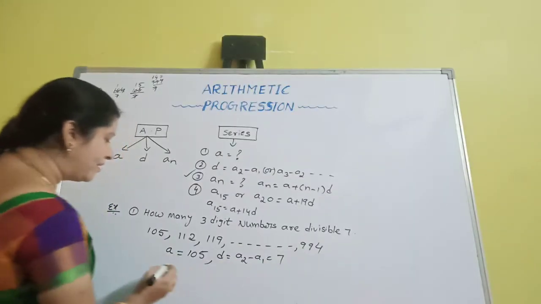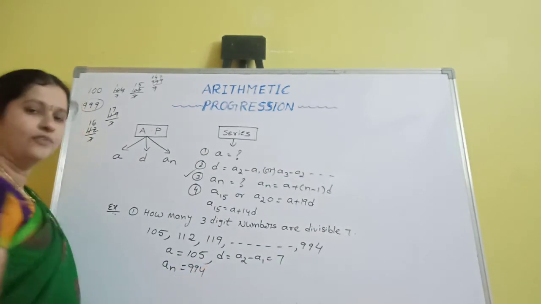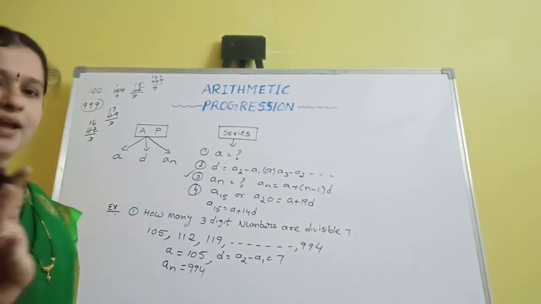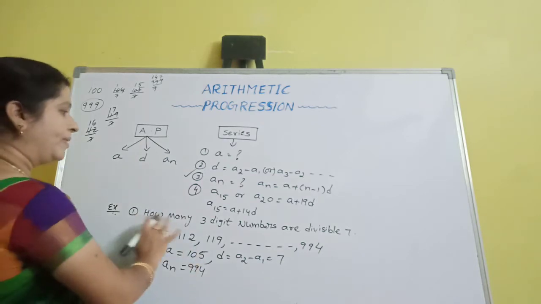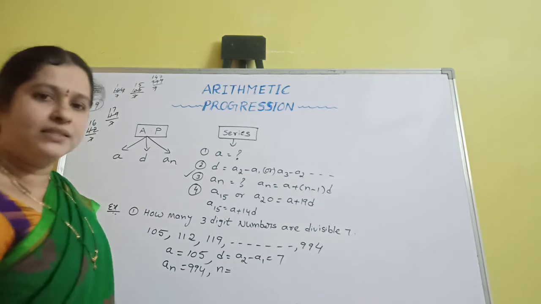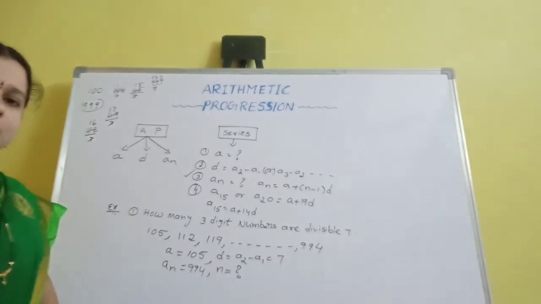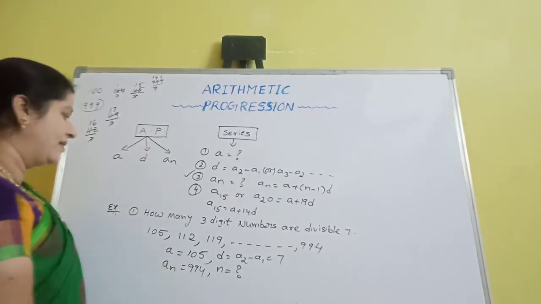And the an value is also given: an equal to 994. You have to find the n value. So by using these three values, it is very easy to find the n value.